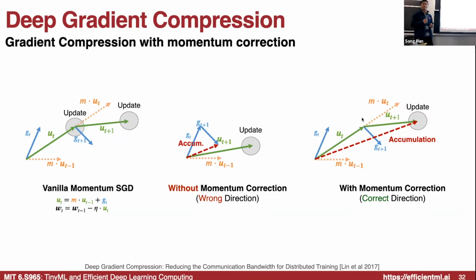So on the node level, you have to get the velocity back, because the velocity is calculated by averaging all the gradients. This is the local version of that.